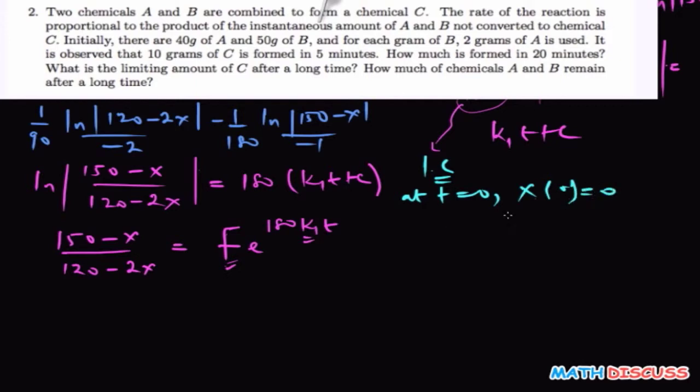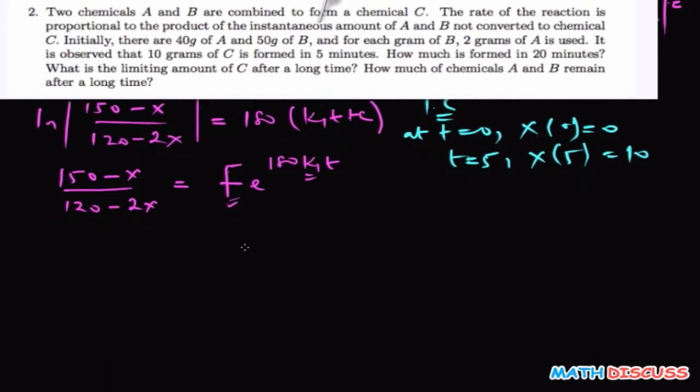There is no reaction yet. And then we're also told that in 5 minutes 10 grams has been formed. So at time t equals 5, x of 5 is 10 grams. Now these are the initial conditions we will use to solve this.